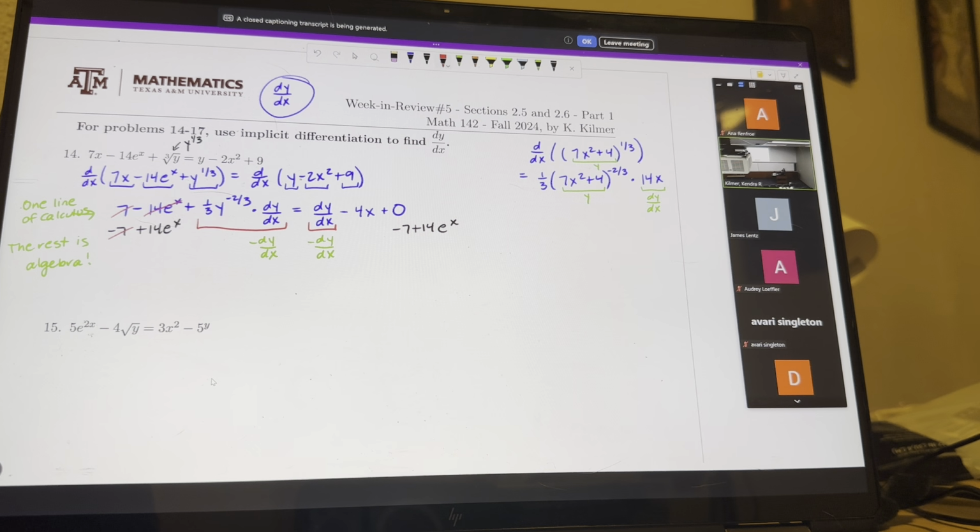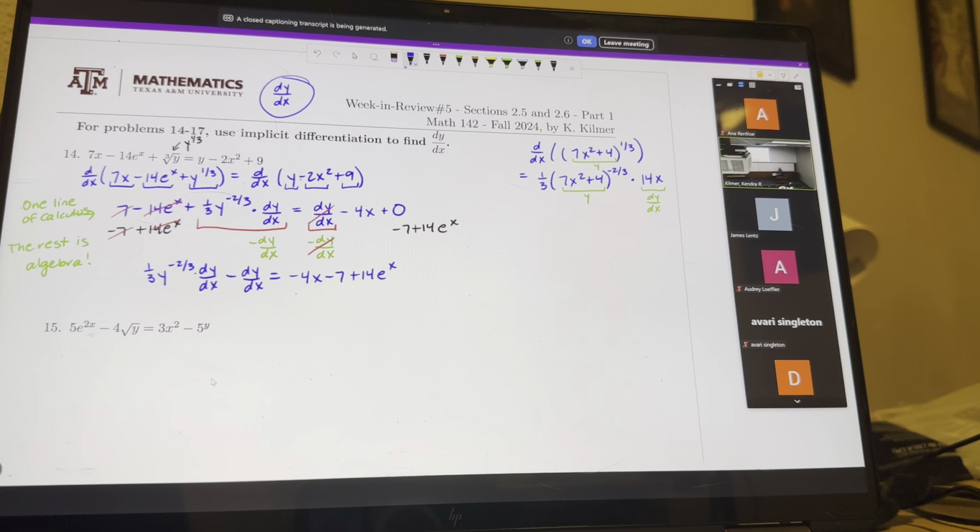So on the left-hand side, I would have 1/3 y to the negative 2/3 times dy/dx minus dy/dx. And then on the right-hand side, I would have minus 4x minus 7 plus 14 e to the x.